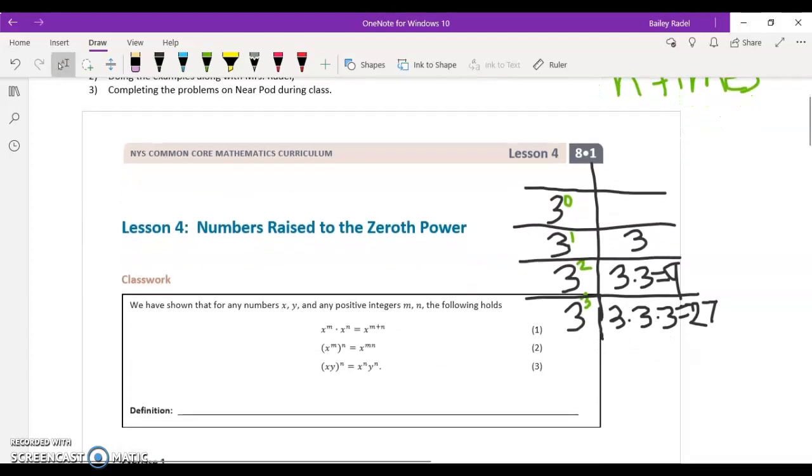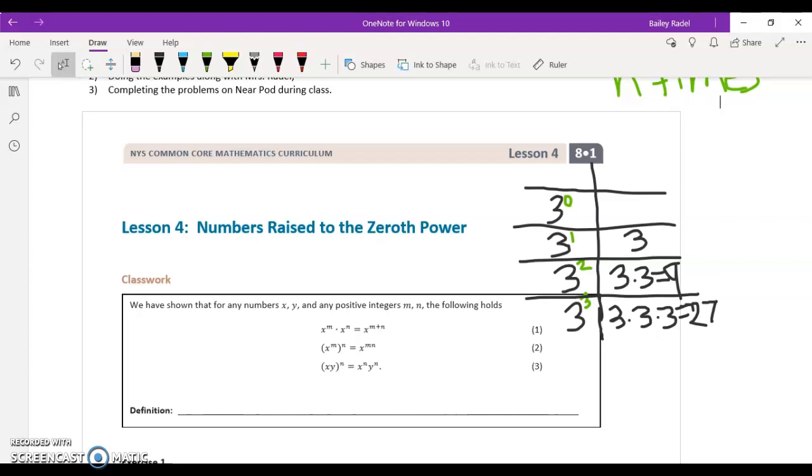So take a moment to fill out this table where I have it in your module packet. The powers of 3. 3 raised to 0, 3 raised to 1, 3 raised to 2, and 3 raised to 3. 3 raised to the 1 is 3 multiplied 1 time, so 3. 3 raised to the 2 is 3 multiplied 2 times, 3 times 3 equals 9.